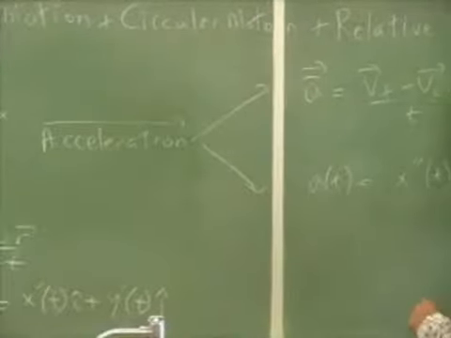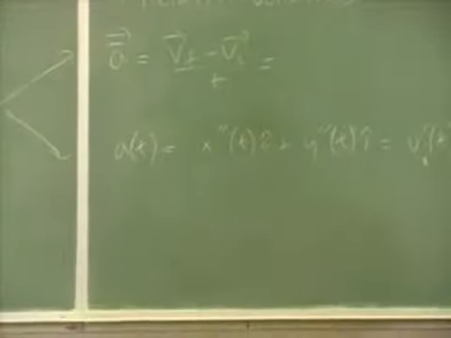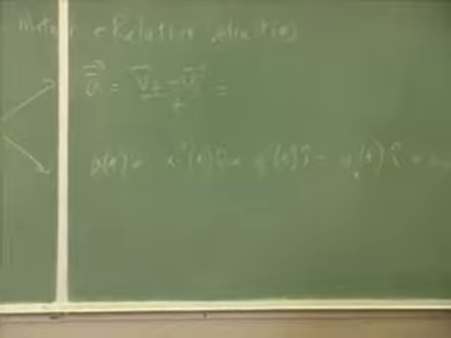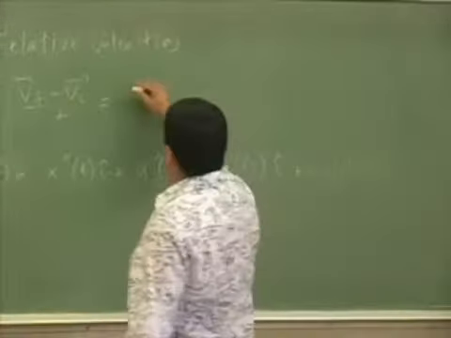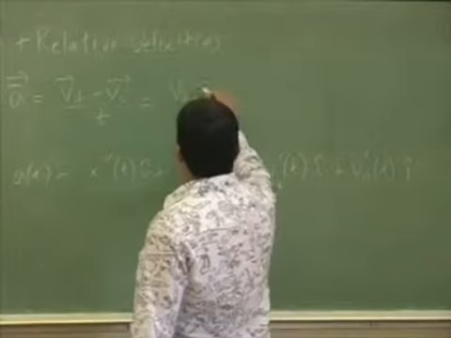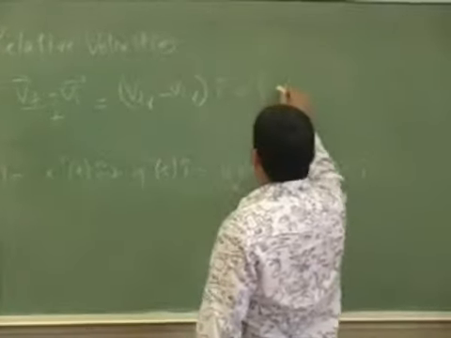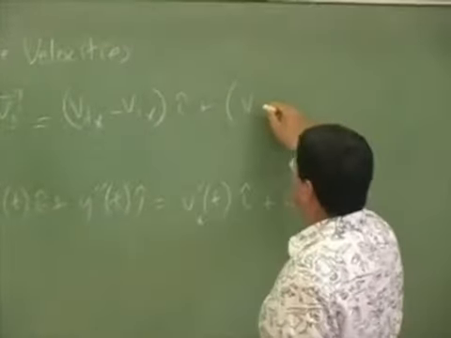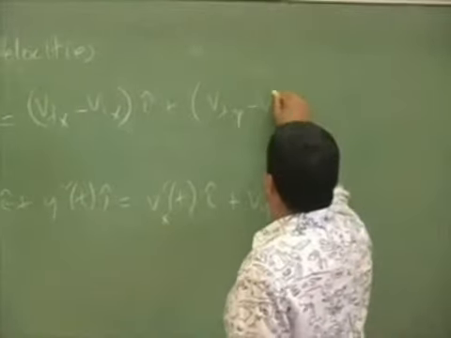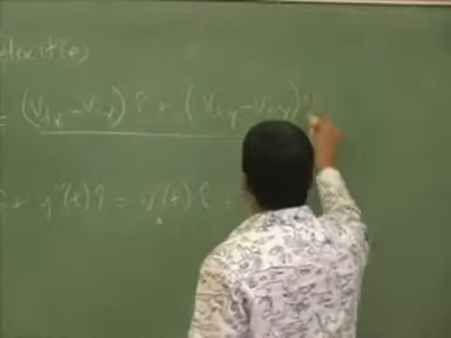You could write this in a more detailed form as: v final x minus v initial x i hat plus v final y minus v initial y j hat, divided by t.